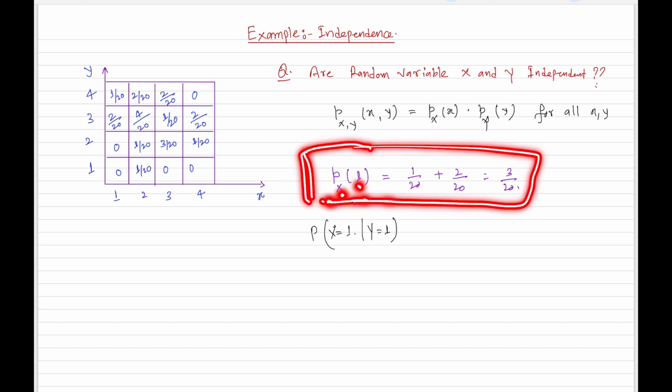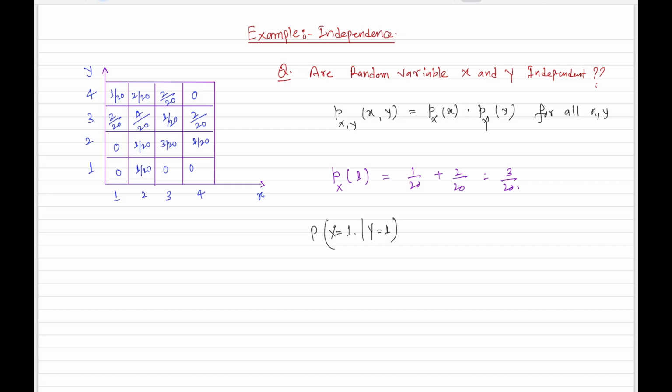Now we want to check, under this given condition, what happens to our belief, or what happens to the same probability that random variable X takes the value 1, right? And if you have to write this same thing in terms of the PMF notation, this is how you can write it.